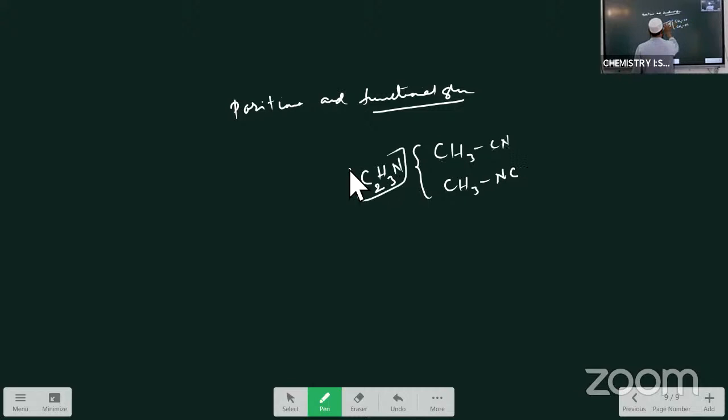The molecular formula is the same, but with the same molecular formula two different compounds exist. This phenomenon is called isomerism. Different compounds with the same molecular formula are called isomers, and this phenomenon is called isomerism.